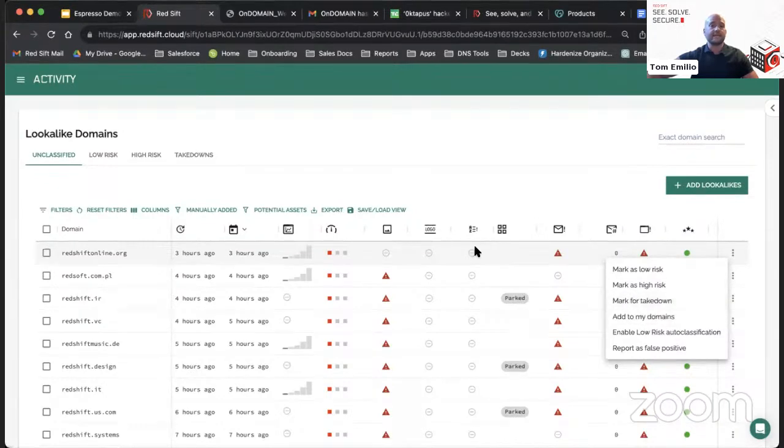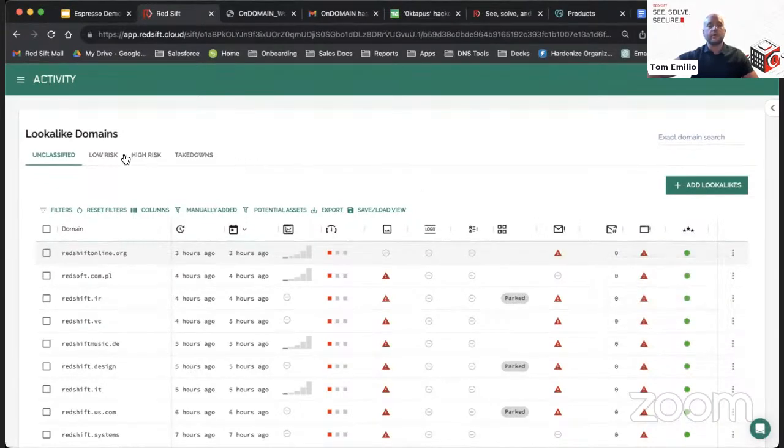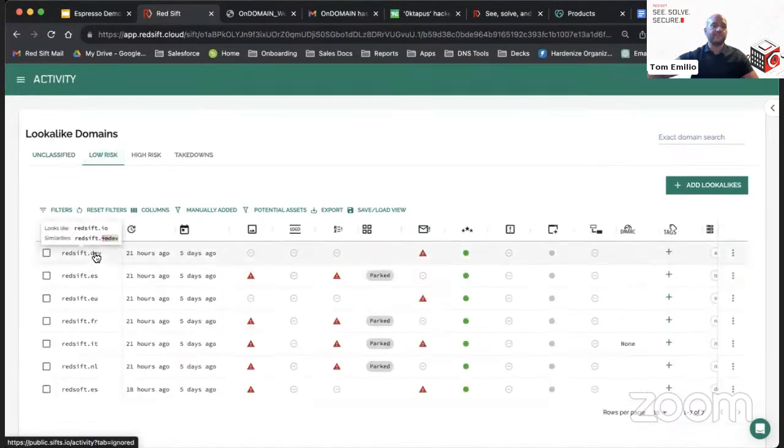And then there's the takedown aspect. Once you start tagging some of these, you're really training the model, and you're telling OnDOMAIN to be even smarter than it already is in terms of classifying the domains. So we look at some of the low risk ones. These are different country level TLDs for the most part, a different TLD for .dev.